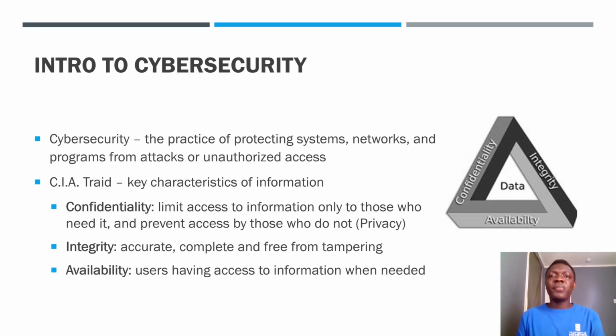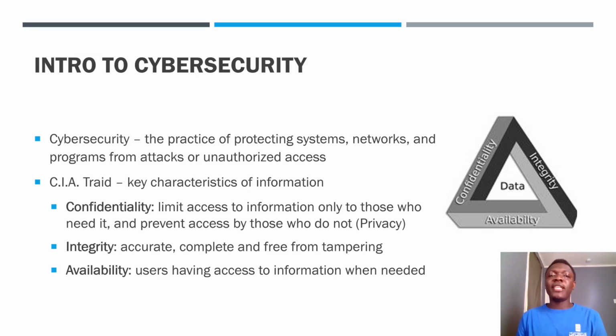Cybersecurity basically refers to the practices of protecting systems, networks, and programs from unauthorized access or from attacks. And we cannot speak about cybersecurity without mentioning the CIA triad, which basically refers to the key characteristics of information or data.